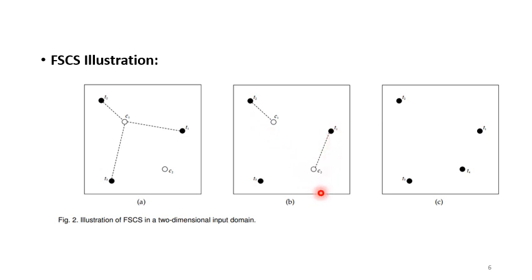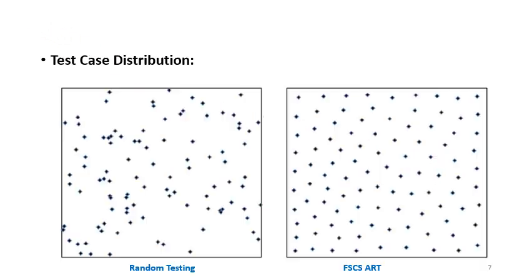As we can see, the nearest neighbor of C2 is farther away as compared to the nearest neighbor of C1. Therefore, C2 will be selected as the next candidate and next test case, as shown by T4 in figure C. And this will be executed in the next testing iteration.